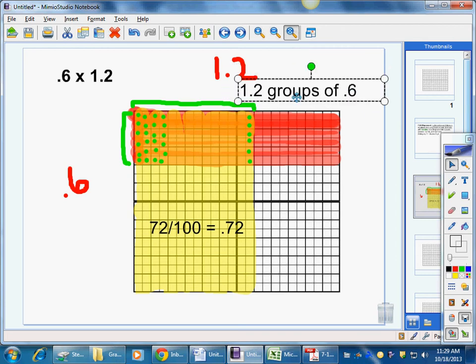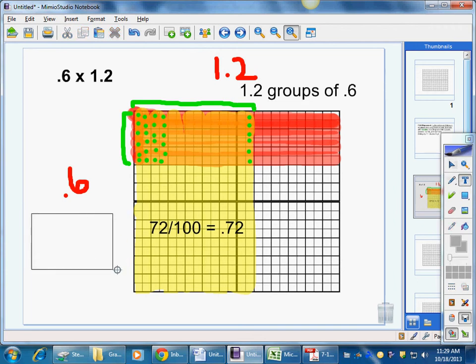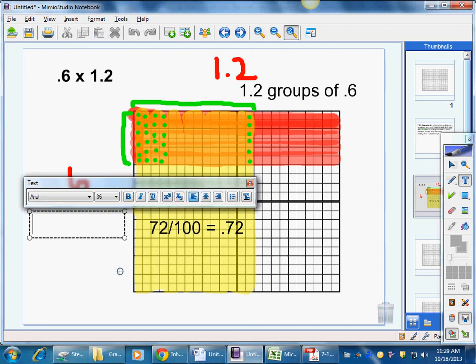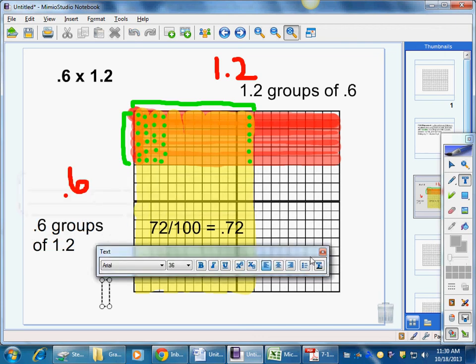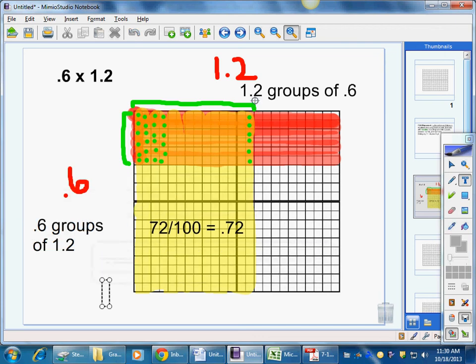Well, I've got 1.2 groups, and each of these groups is 0.6 in size. It may not surprise you, hopefully not, that if I consider that same perspective from over here, I've got how many groups? Well, it looks like I've got 6 lines, but it's really 0.6 groups of 1.2. Only just slightly different, depending on how you look at it, but it's important that you see that multiplication in both directions.